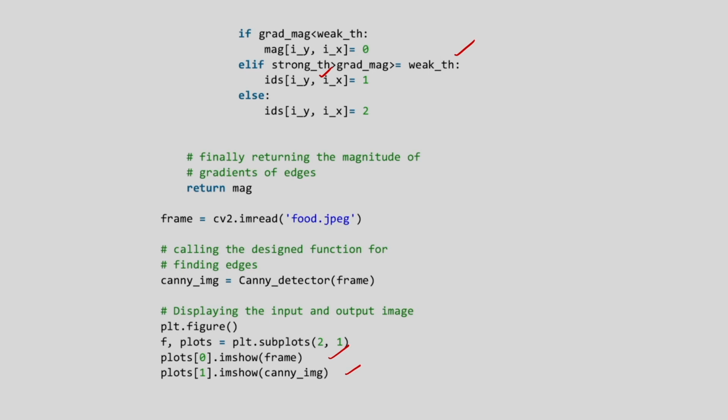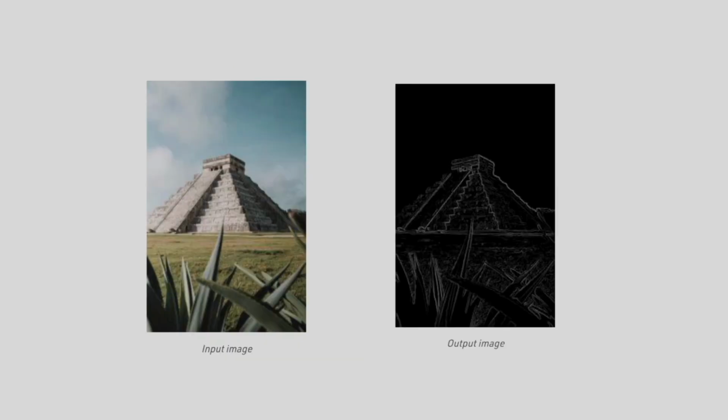This is the Python programming to show the Canny edge detector. Like this you can write either a MATLAB program or an OpenCV Python program. Corresponding to this you can see the input image and the output image. Edges are detected in the output image by the Canny edge detector.